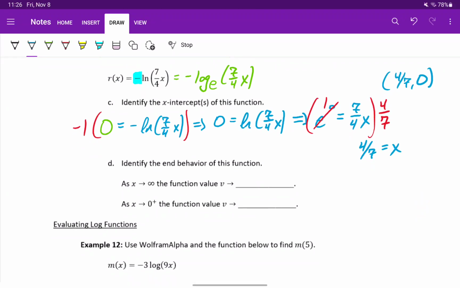Now we want to answer those same two questions about the behavior of our function, but keep in mind that we have that negative out in front of our log. What that does is flips this graph over the x-axis so that now instead of increasing as x gets larger, it's going to be decreasing.